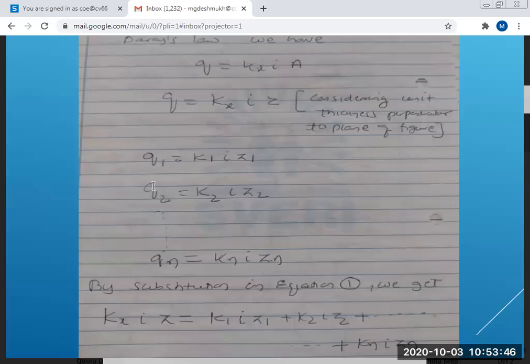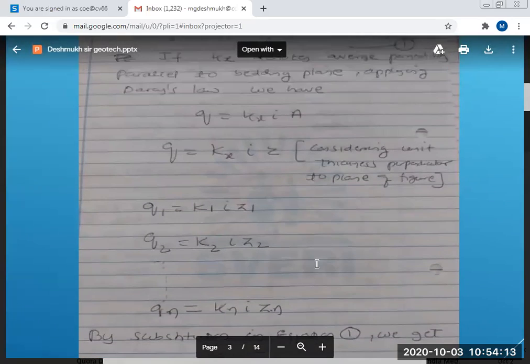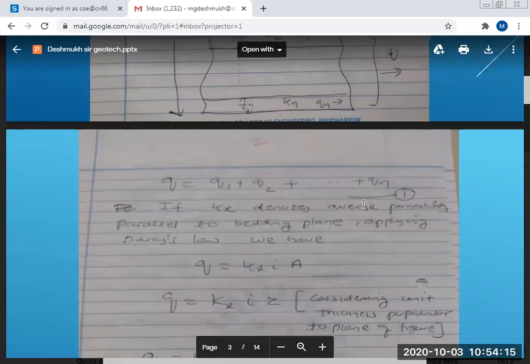Suppose you take the first layer, Q1 is equal to K1IZ1. Similarly, Q2 is equal to K2IZ2. Like this, you go on until Qn is equal to KNIZN. So substitute all these values in equation 1.